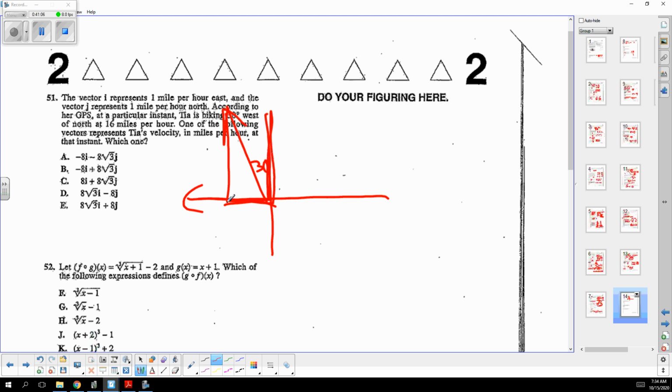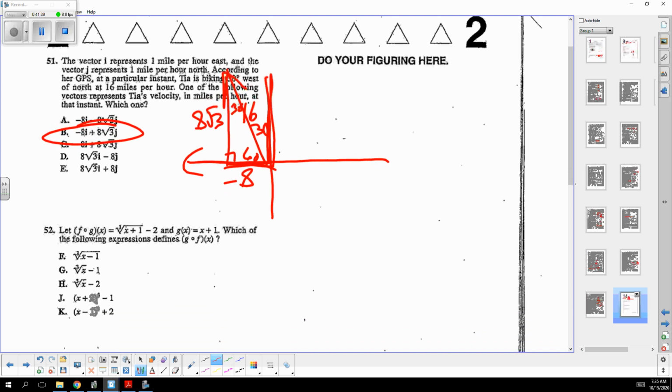It's going to be left then up, answer B. Now, if you did the math, this angle would be 60. That would be 16. That would make this 8, and this would be the 8 square root of 3. The 8 is half, so that's why the answer is negative 8, 8 square root of 3. The number first is the x, the number second is the y.